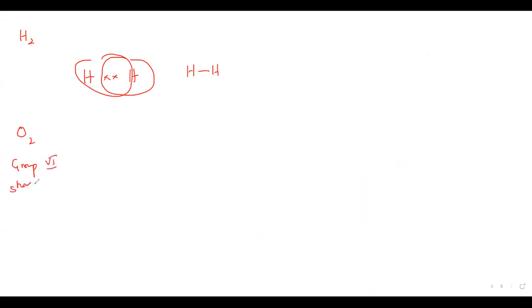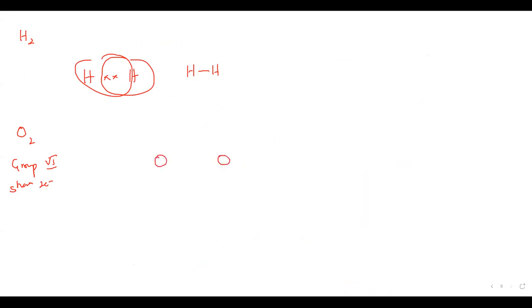First for hydrogen, H2, hydrogen will share one electron with each other. So there is a pair of electrons. When there is a pair of electrons, how do we represent it? We represent it by a single line. Oxygen is O2. Oxygen belongs to group 6. As it belongs to group 6, how many electrons will it share? It will share 2 electrons. And O2 means 2 oxygen atoms.